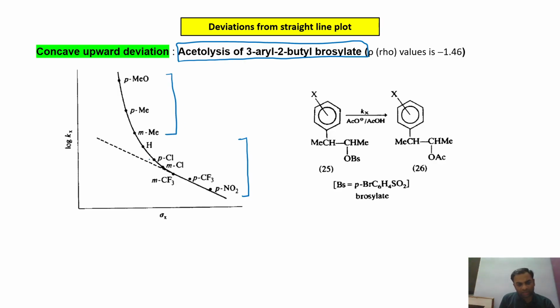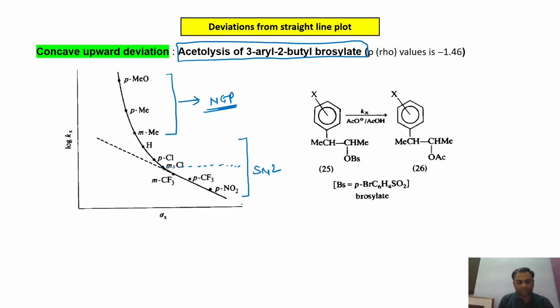So these groups show the SN2 mechanism, and from meta-chloro to para-methoxy, they show the NGP mechanism.